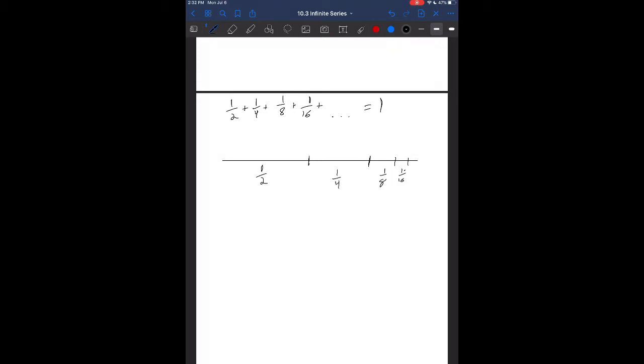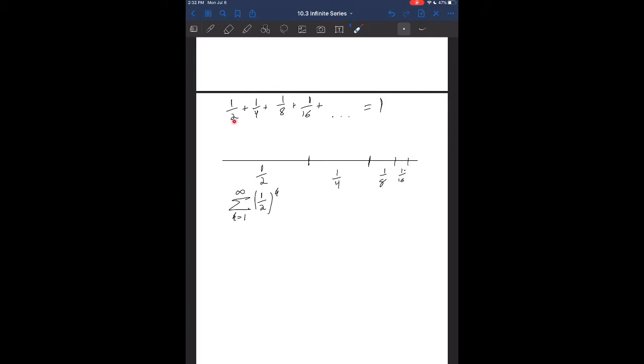So we hope that this is going to be equal to 1. Well, one way you could write this sum is the sum from k equals 1 to infinity of 1/2 to the k, right?